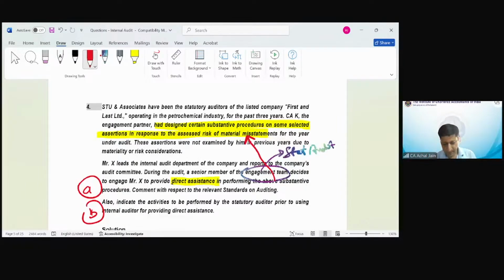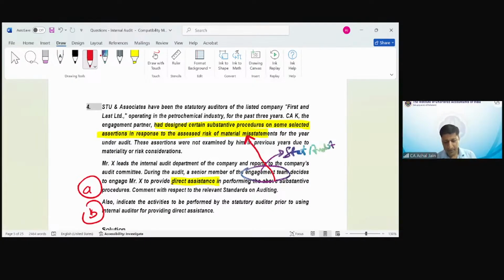That's the primary objective of the internal auditor. Right. However, in this particular case, the statutory auditor is taking direct assistance, but the opinion on the financial statements is the primary responsibility of the statutory auditor. He has to provide reasonable assurance in that case.